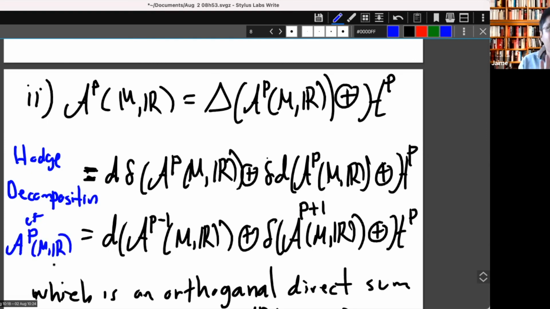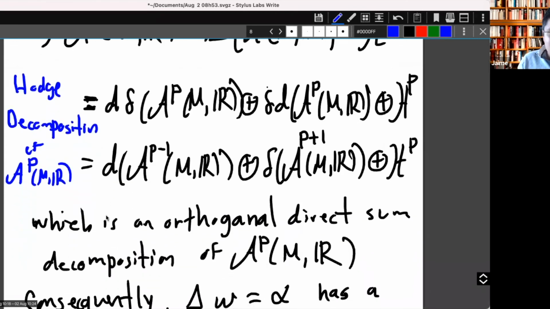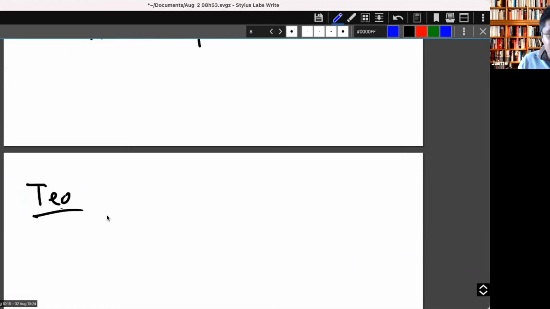But you should be careful when you use that word, because we are going to use the Hodge decomposition for another decomposition later, okay, in the complex world. But I have also heard that they use the phrase Hodge decomposition for this direct sum decomposition here. Okay, but just be careful when you read it.